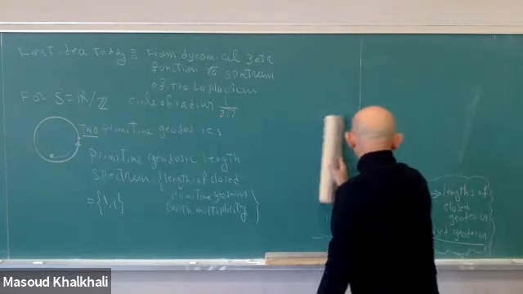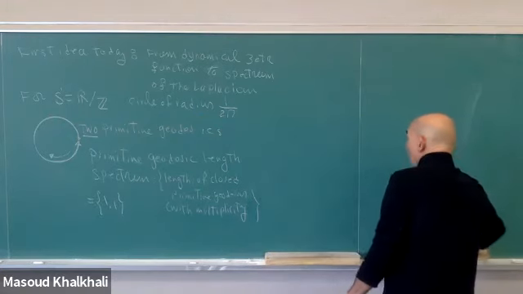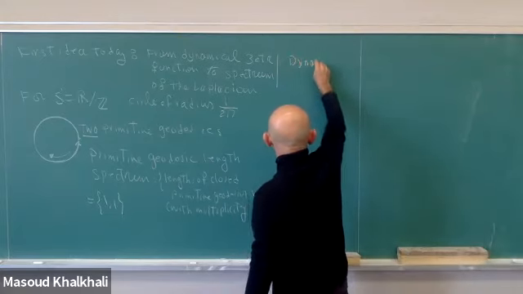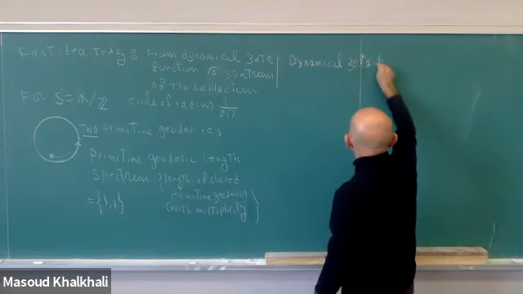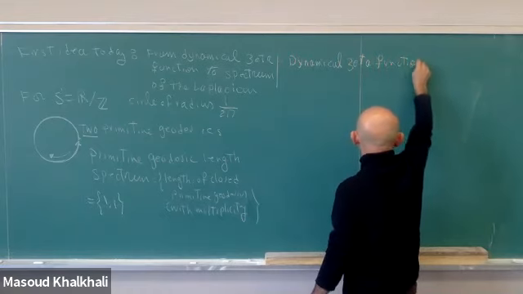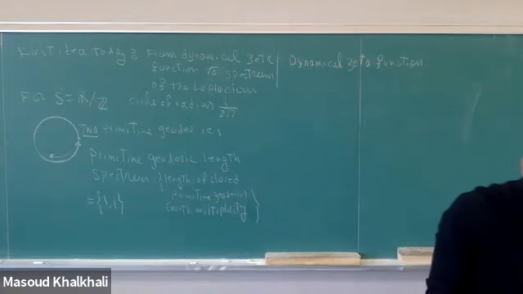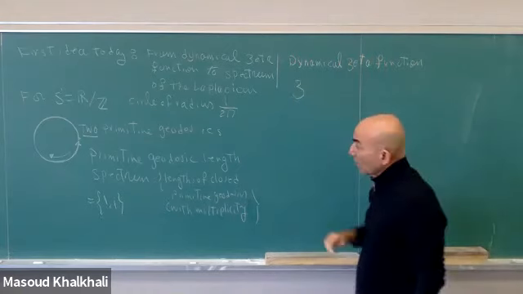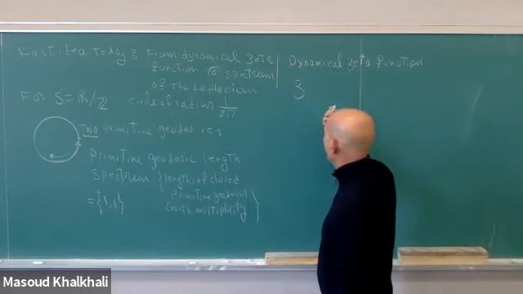So let me write it. You can try an object like this, a dynamical zeta function. Let's see my notation for this. Unfortunately, I'm using the same notation for many different objects now.